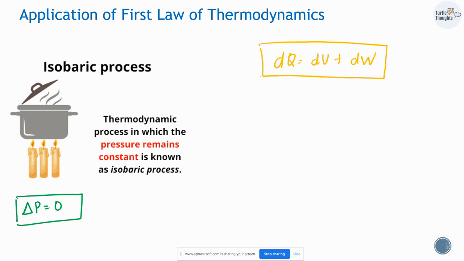When I substitute delta P is equal to 0, I don't see any delta P. So what is going to happen? The first law will remain unchanged in isobaric process. So heating of any liquid at atmospheric pressure or heating of any gas at constant pressure, you can consider this. In this case, dU and dW both are not 0.